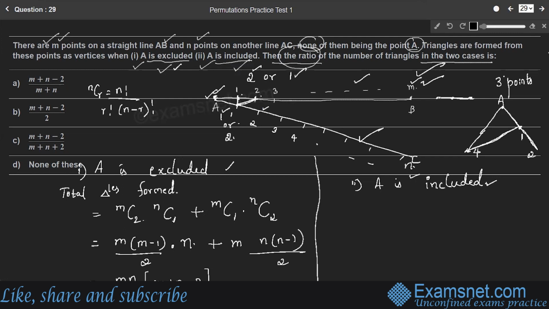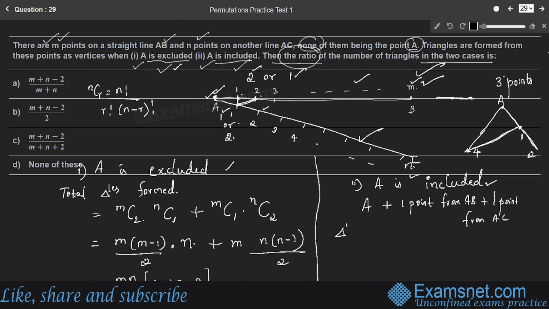So one point is A, plus 1 point from AB, plus 1 point from AC.